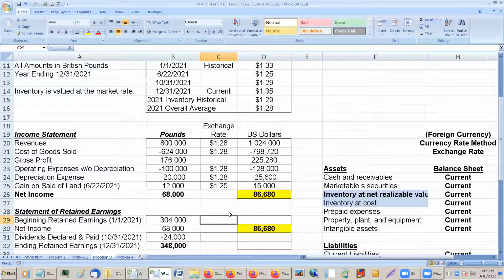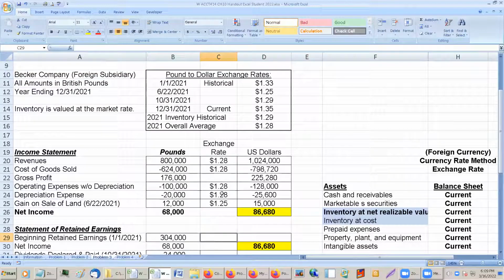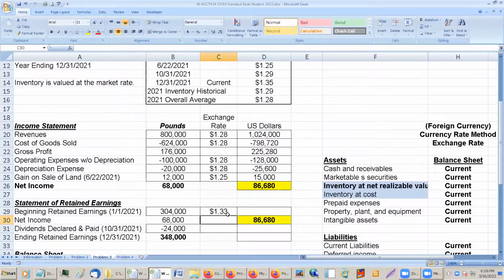Now, beginning retained earnings. If it's going year to year, they'll usually just give that to you because this can be a composite. But since they bought this on the first of the year, we're just going to use the historical for the first of the year here. Dividends, we're on 10/31, so this is when dividends are paid.